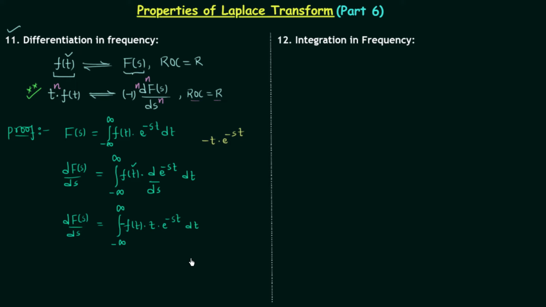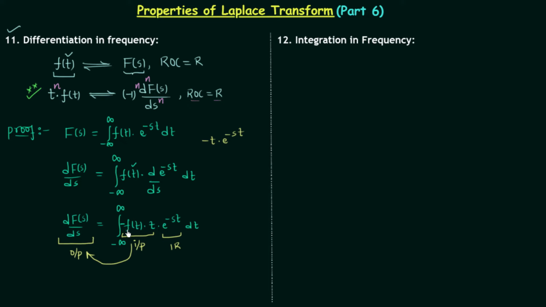Now you can clearly see we have the Laplace transform on the right hand side. We have the integral kernel, and we have the input signal. The input signal is equal to minus f(t) multiplied by t, and this makes dF(s) over ds our output, and therefore the time domain signal minus f(t) multiplied by t will have the Laplace transform equal to dF(s) over ds.